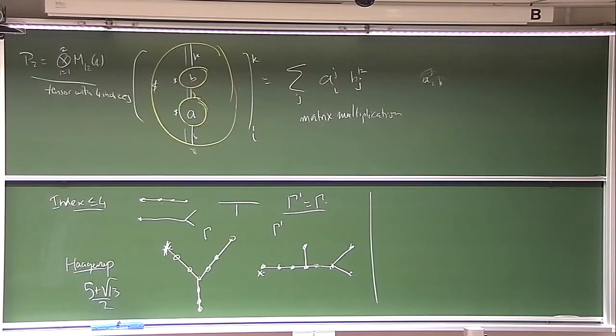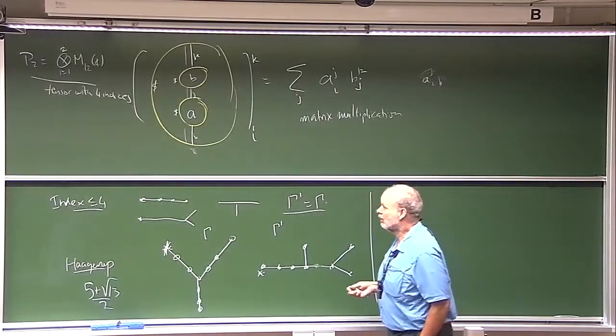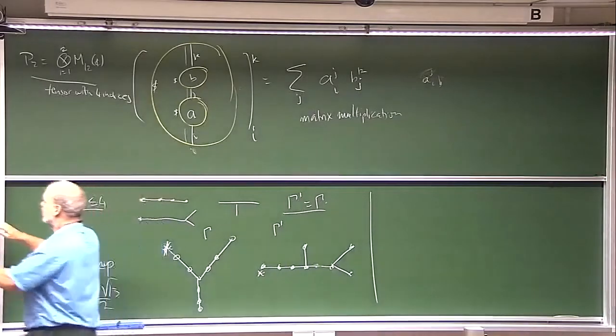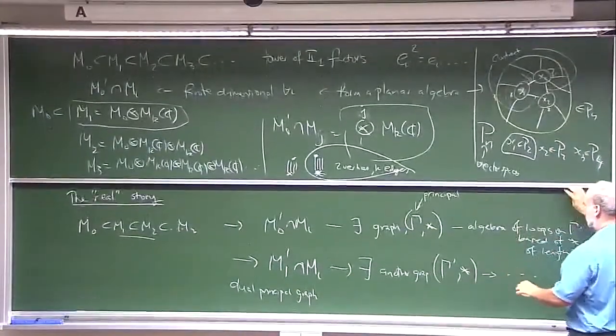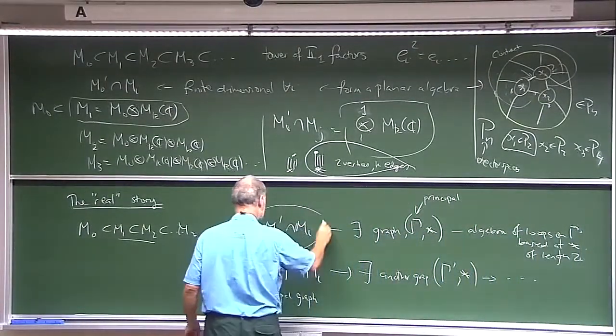Okay, so the story is simply, in order to handle this duality, the planar algebra structure has to be enriched a bit, and the idea is that we have these two kinds of vector spaces, this kind and this kind.